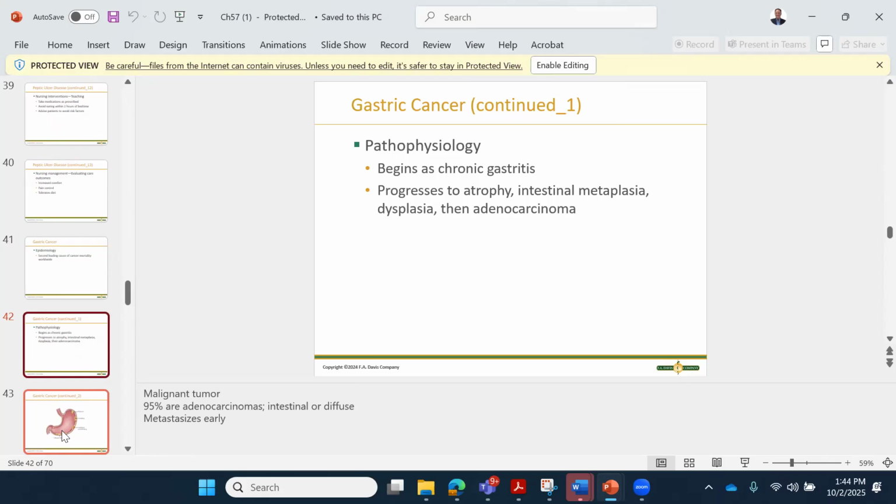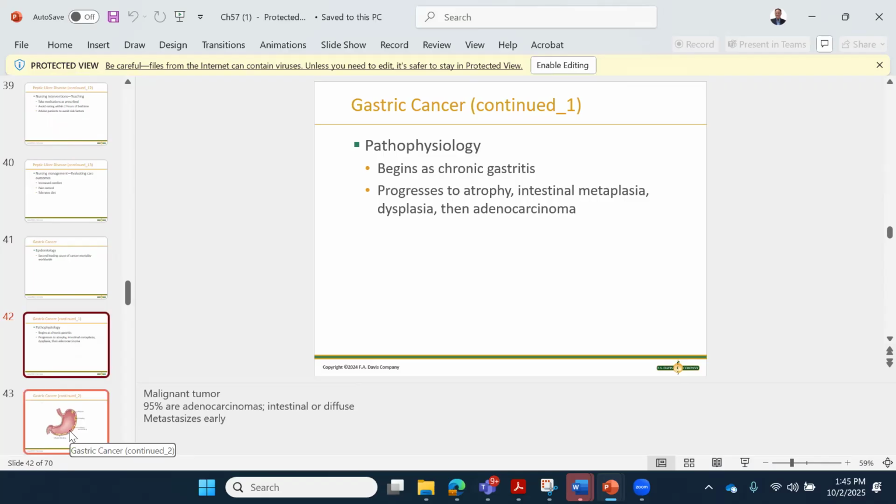So, anytime that you have chronic irritation, that chronic irritation can lead to changes at the cellular level, which can lead to cancerous conditions. That's why, in general, there is a high relationship between irritation to tissue and the development of cancerous conditions.